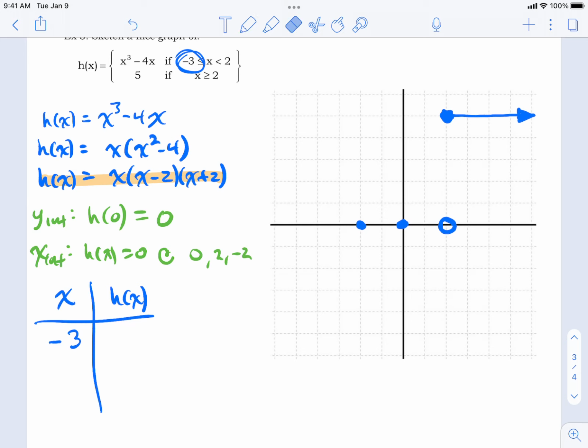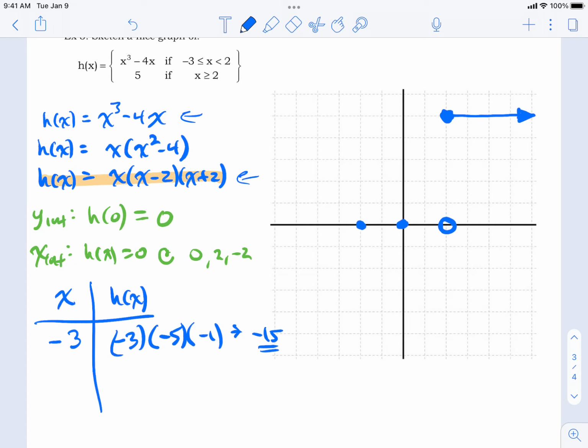So I might as well start at negative 3. And I suppose you could plug into either one of these forms, of course. I like to plug into the bottom form because x is negative 3, and then you get negative 3 minus 2 is a negative 5, and then you get negative 3 plus 2 is a negative 1. And so what does that equal? That equals a negative 15. Wow. Well, that's way down there.